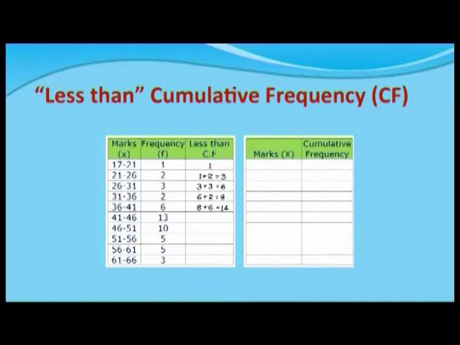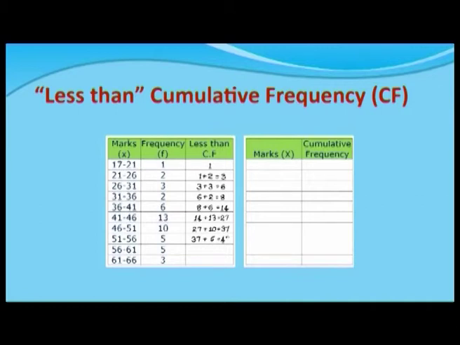The CF for the second range 21 to 26 is computed as the frequency for the range 21 to 26 plus the frequency of the previous range 17 to 21. The cumulative frequency for this range, less than 26, is 3, since there are 3 values that are less than 26.